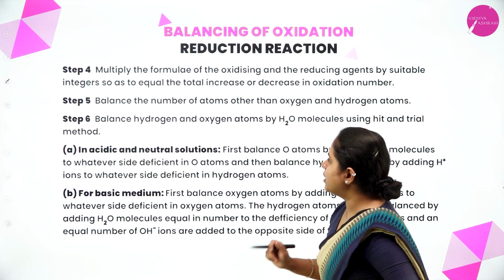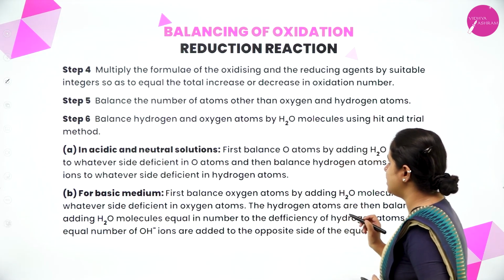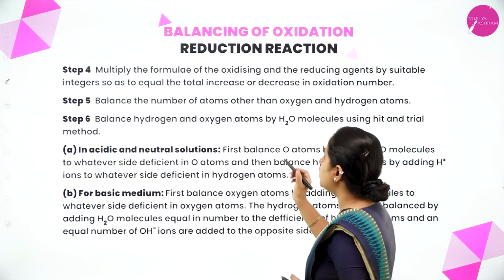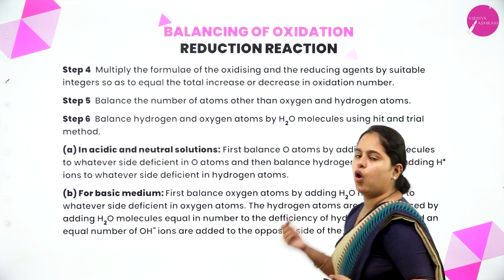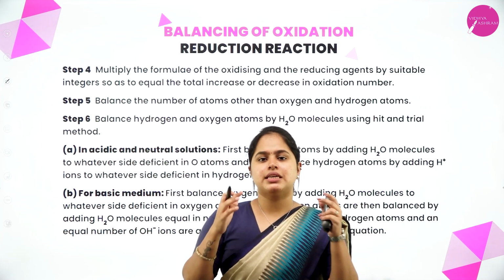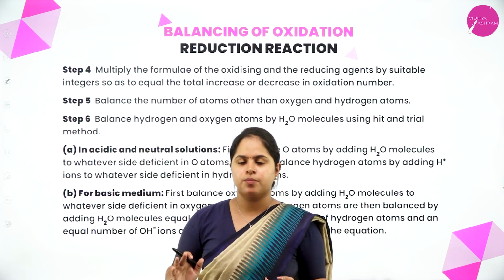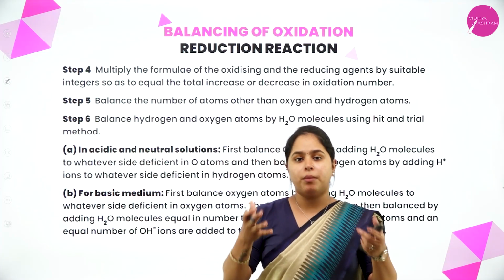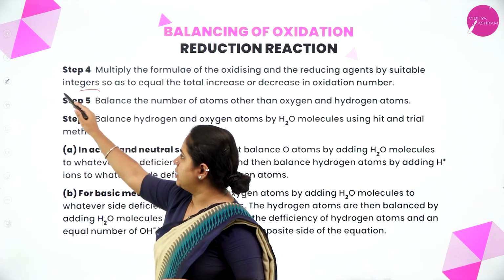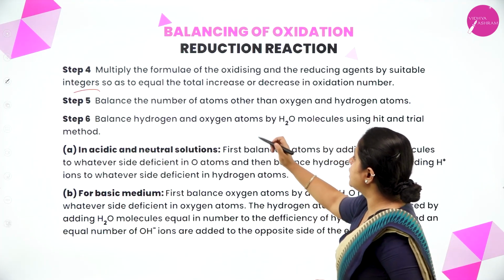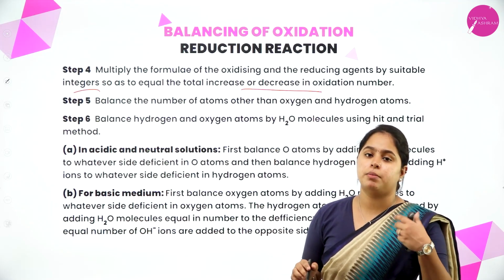Fine. Now the next one is multiply the formula of the oxidizing and reducing agents by suitable integers so as to equal the total increase or decrease in oxidation number. So that means it is a redox reaction, right? So reduction as well as oxidation is taking place. So the next step is to multiply both equations by a suitable integer so that the total increase and decrease in oxidation number will be the same.